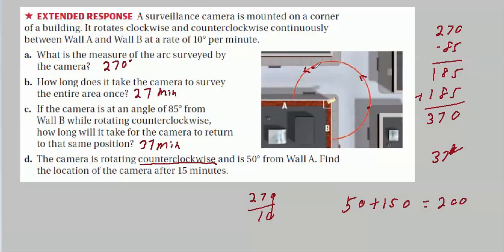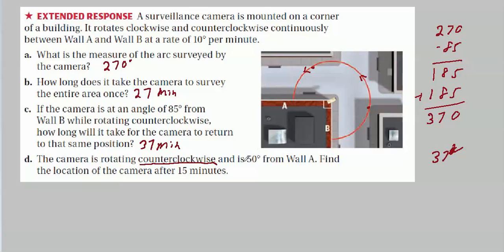If it goes counterclockwise, it's going to go 50 degrees this way, stop, and then start going the other way. When it gets to wall A here, it's going to change direction and start going back the other way. So if it's right here and going counterclockwise, it's going to go 50 degrees to here.